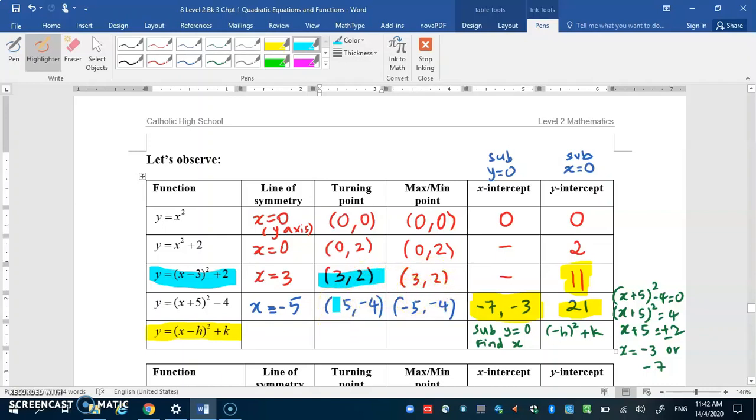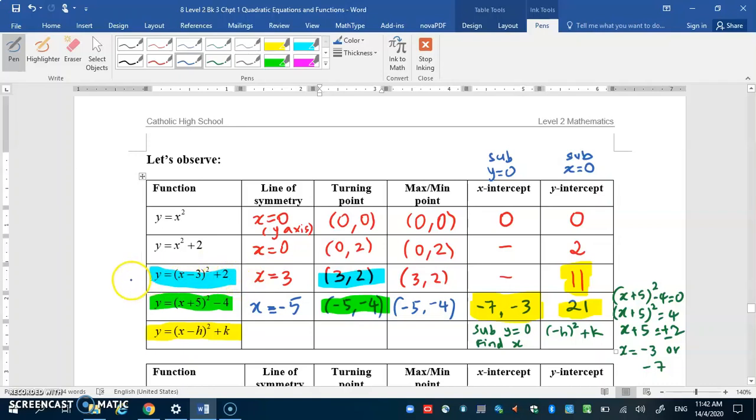As for y equals x plus 5 whole thing squared minus 4, your turning point was negative 5, negative 4. Do you see a pattern? Every time you want to find the turning point from the completed square form, the x value will be the value that makes the entire bracket here 0, and the y value is just the number over here.